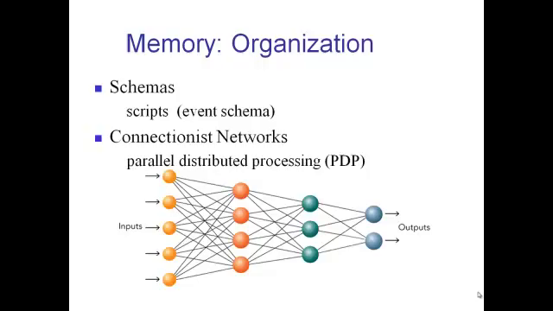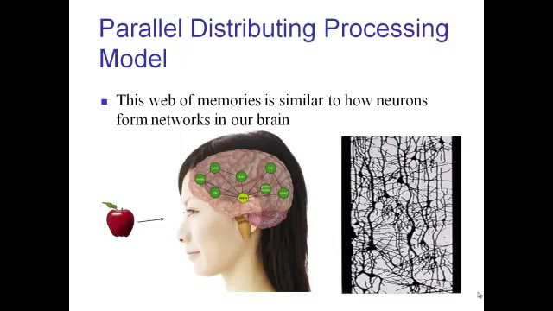Parallel distributed processing is another way of looking at this. The parallel distributed processing model essentially says that this web of memories, the connection of concepts, is similar to how our neurons are connected in our brain. If you look at a neural network, you see how neurons are connected with each other through multiple pathways.